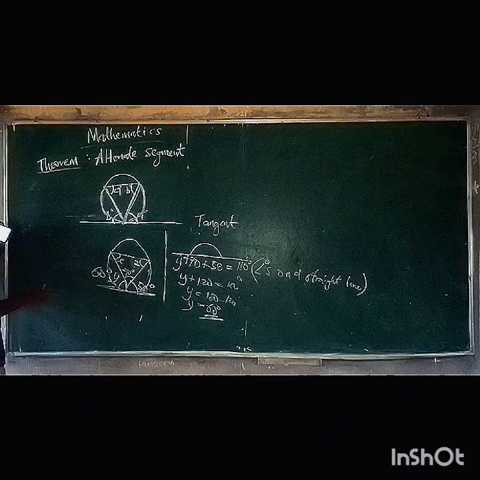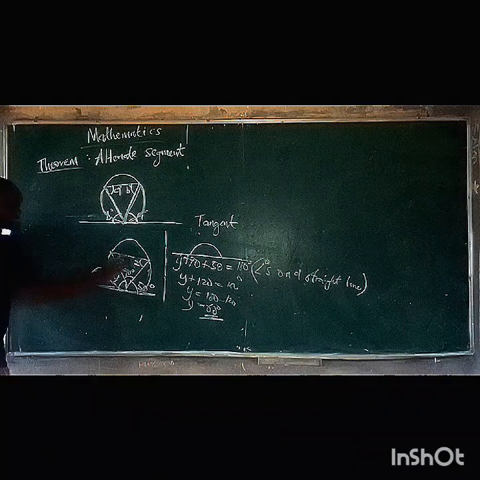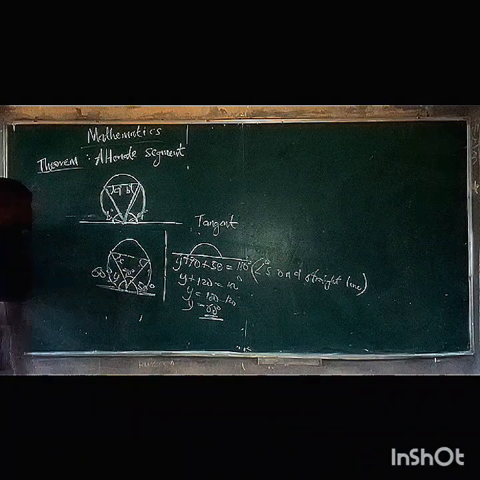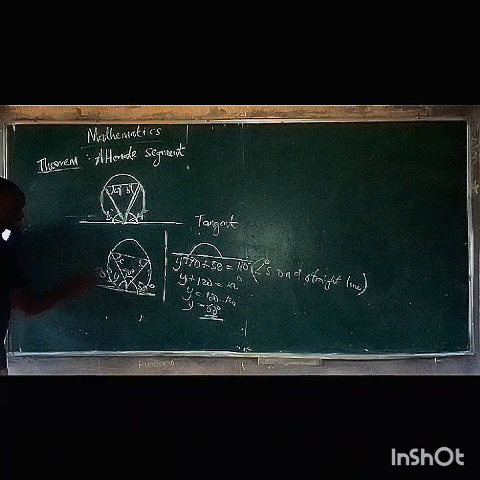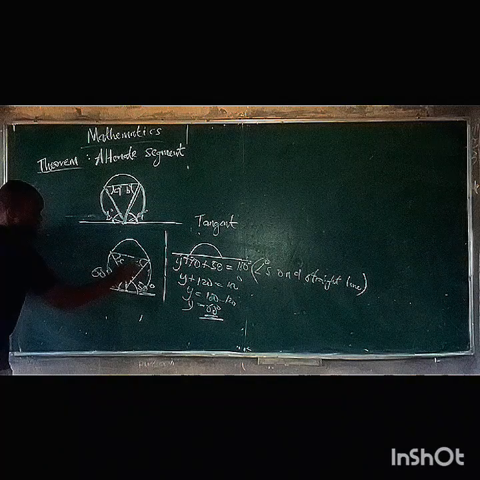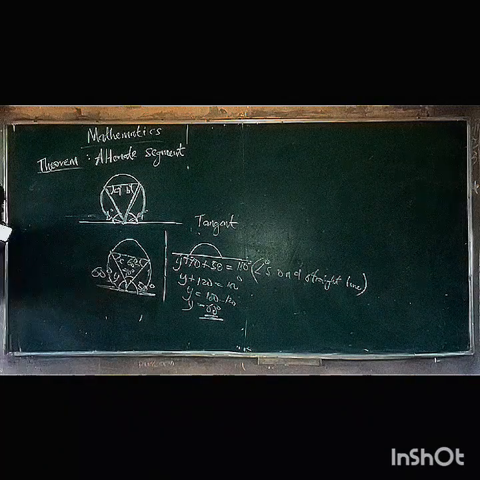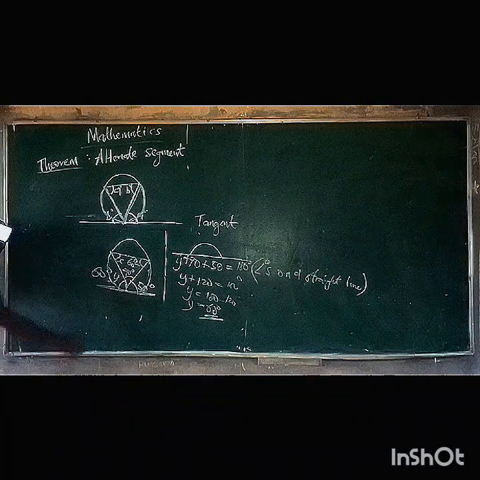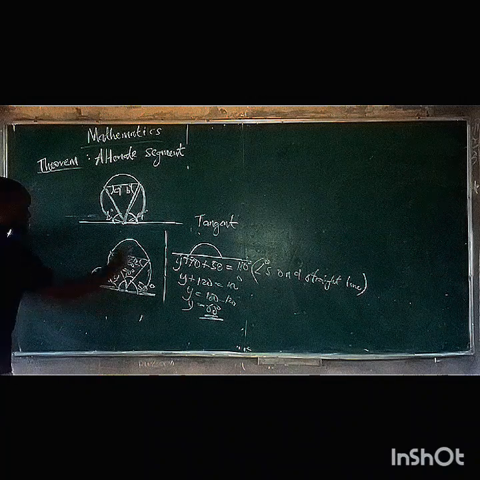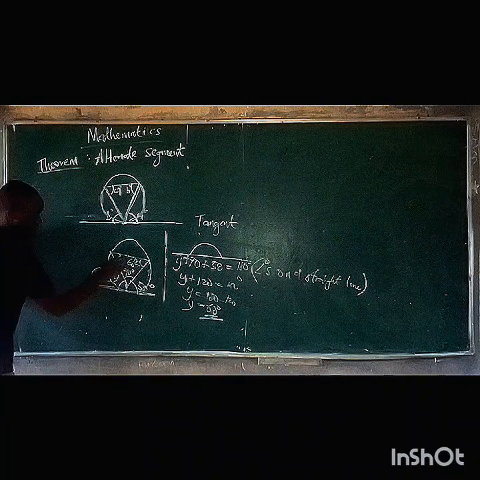Alternate segment. What does it tell me? If here is 60, my z is automatically going to be what? Are you seeing it now? Here is also going to be 60. Alternate segment also tells me that if here is 50, my x is going to be 50.